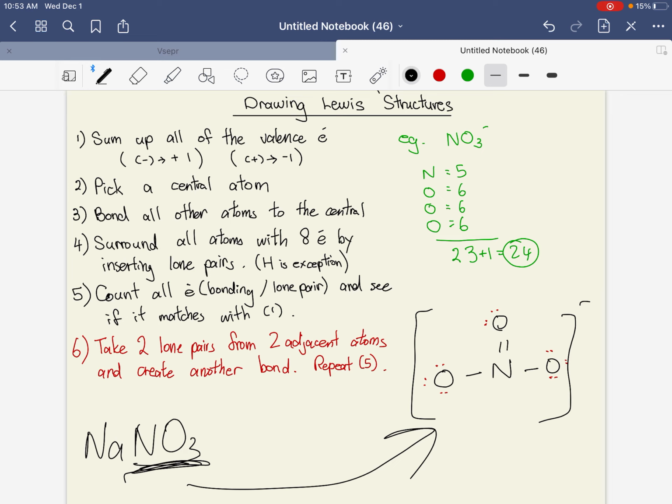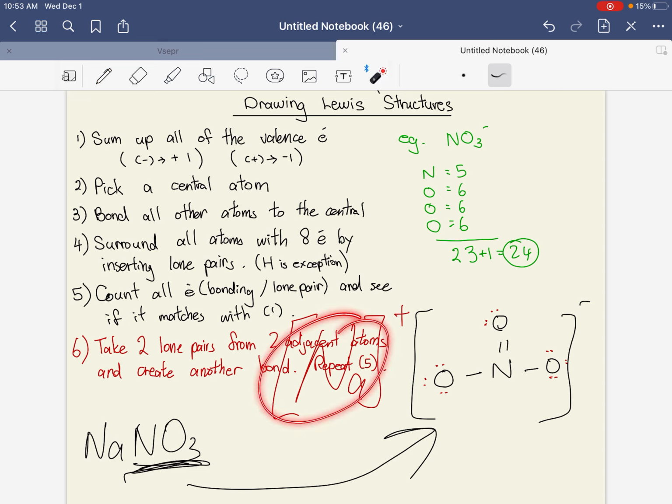So if you were to draw NaNO3, really all you have to do is draw NO3 like we just did, and insert Na with a +1 charge. There you go. There's your ionicness. Is there such a word? Okay, ionic interaction between Na plus and NO3 minus.